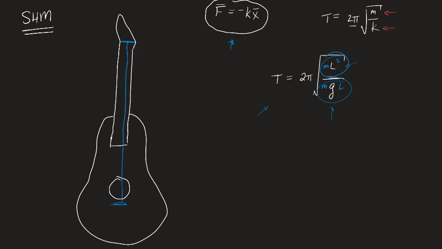Where do you think the thickness of the string goes? Numerator or denominator? If it was thicker, it would be more inertia. It would oscillate slower. So, do you think the thickness of the strings is related to the mass? Or do you think the thickness of the strings is related to how much force there is?